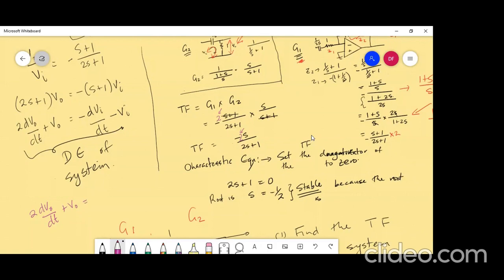Either way, it'll be minus 2 dVi by dt. Yeah, this should have a 2. So the mistake is that I used this instead of this. So this should be the transfer function, and this should be the differential equation. It doesn't affect this because it's the same characteristic equation.